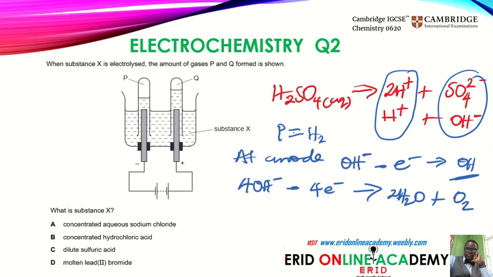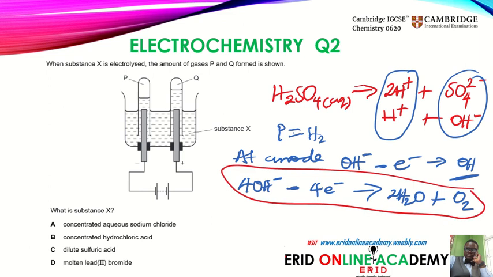You need to be conversant with this equation for the discharge of oxygen when hydroxide is discharged in preference to sulfate or any other anion or radical that is higher than hydroxide in the reactivity series. So we are getting there.